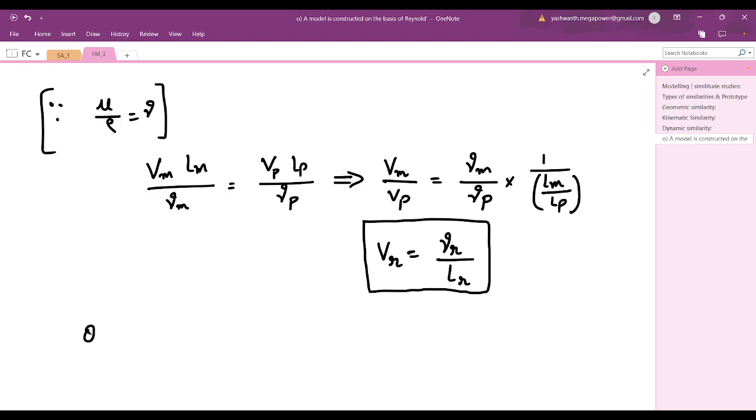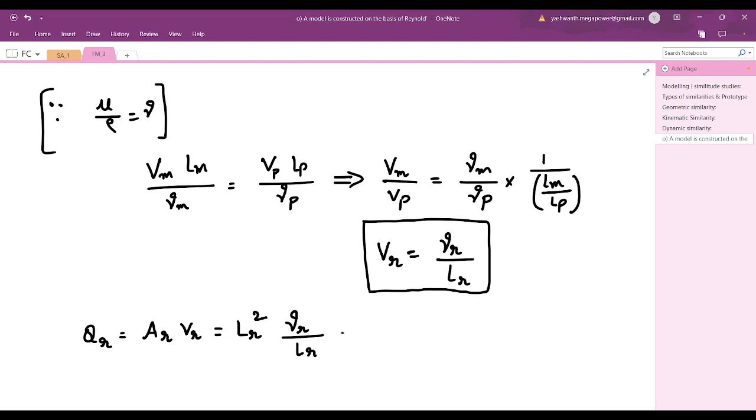Now discharge. So we know that discharge scale ratio is equal to area scale ratio into velocity scale ratio, right? Then area scale ratio is nothing but length scale ratio square, and velocity scale ratio just now we have written as kinematic viscosity scale ratio by length scale ratio.